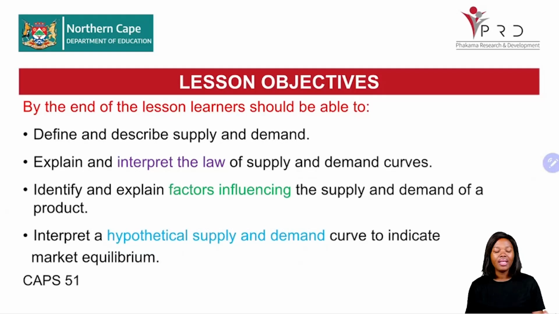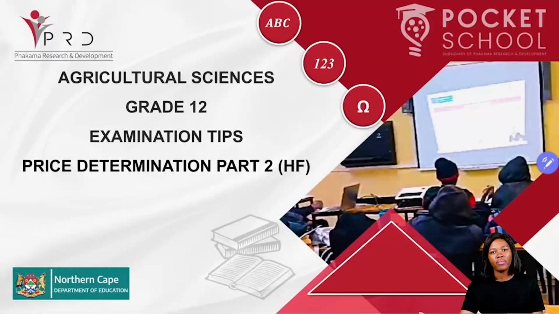Interpret a hypothetical supply and demand curve to indicate market equilibrium. How do we use the supply and demand curve to determine or to indicate the market equilibrium or equilibrium price? That is what we are looking at in today's lesson.